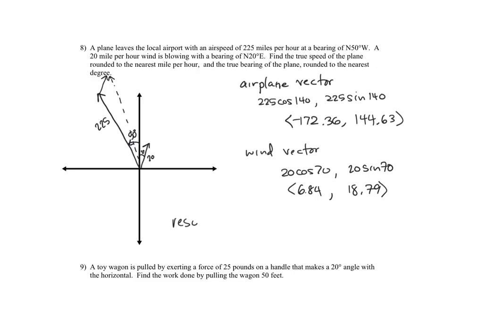For the resultant vector, if we add the two horizontal components and then add the two vertical components, we're going to get negative 165.52 for the horizontal component.